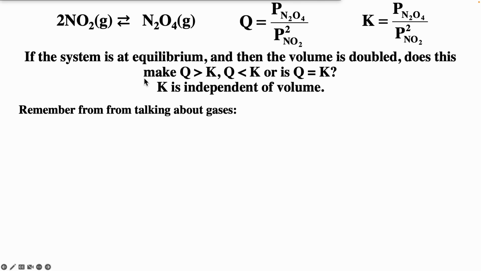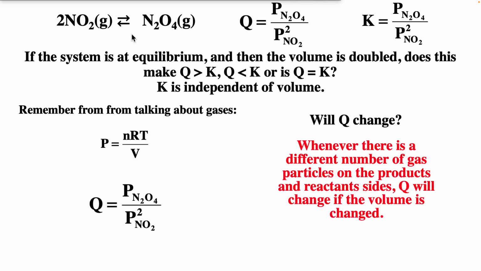Now in this case, we have one gas particle of product, two gas particles of reactant. And so if we double the volume, do you think we want to make more gas particles or fewer? So doubling the volume, we'll want to make more gas particles. And so that should push the reaction towards the left.